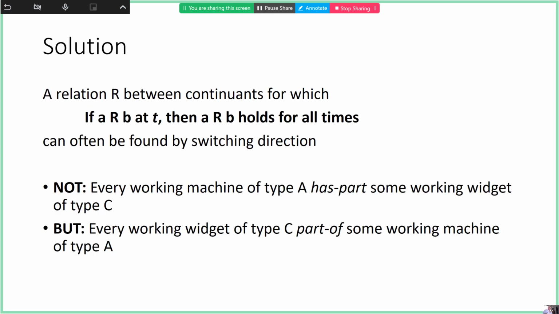Now, another solution is that very often you can create an at-all-times relation if you switch the order.